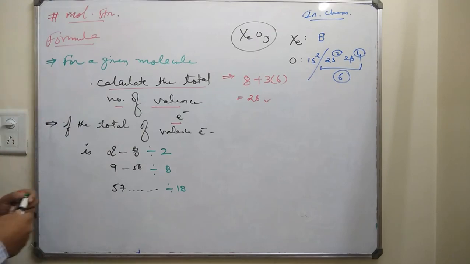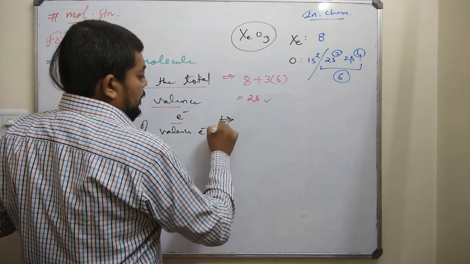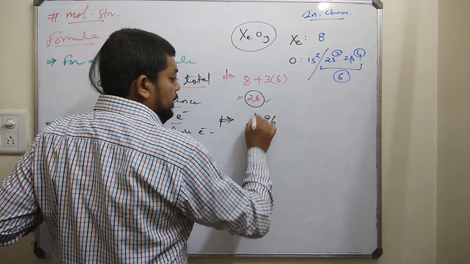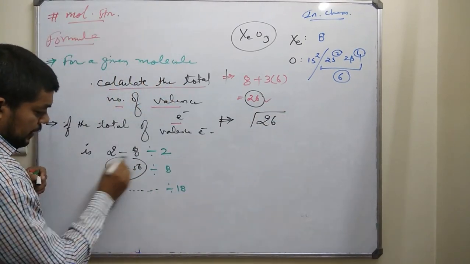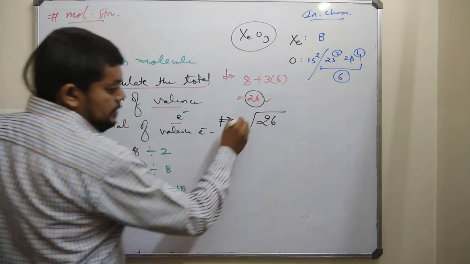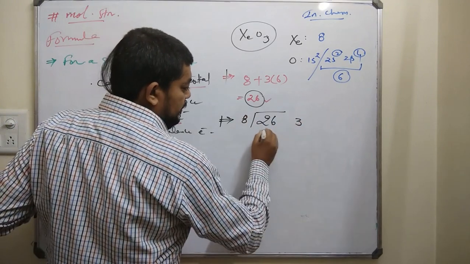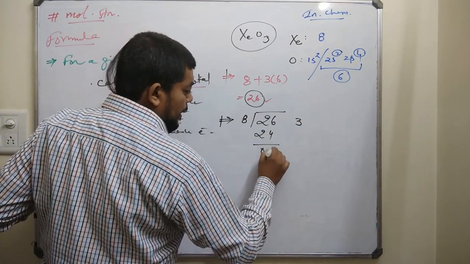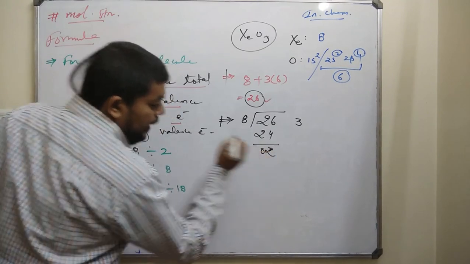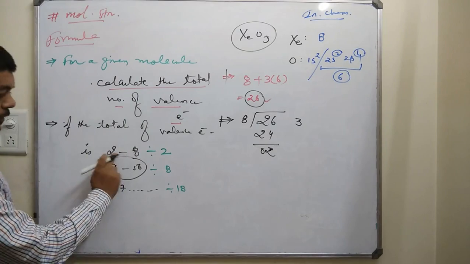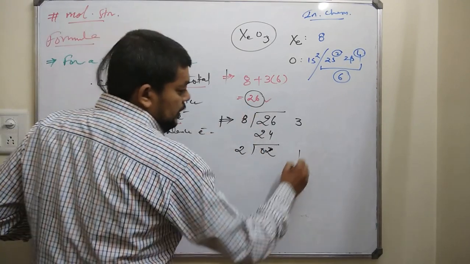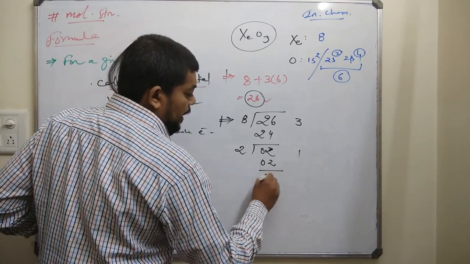Let us check over here. The number is 26, so it falls in the range 9 to 56, and therefore I will divide it by 8. So it is 8 times 3, 24. I will end up with 2. Whenever I end up with 2, it falls in the first range, so I will divide it by 2. So it is 1 times 2 and my answer will be 0.